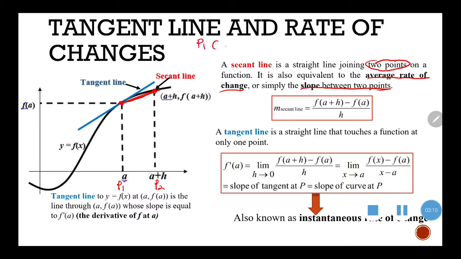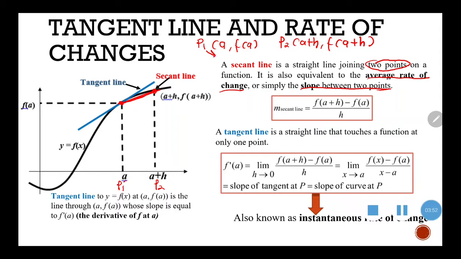So for P1 it is A and f(a). Similarly, f(a) is also known as y or f(x). You have come across this before, but since we are concentrating on A, we use f(a) instead of f(x). So for P2, it should be A plus H and f(a plus h).